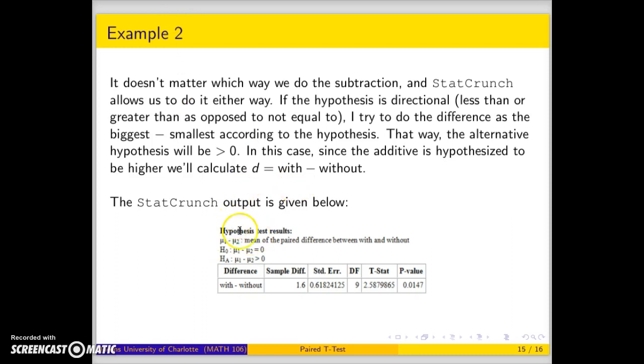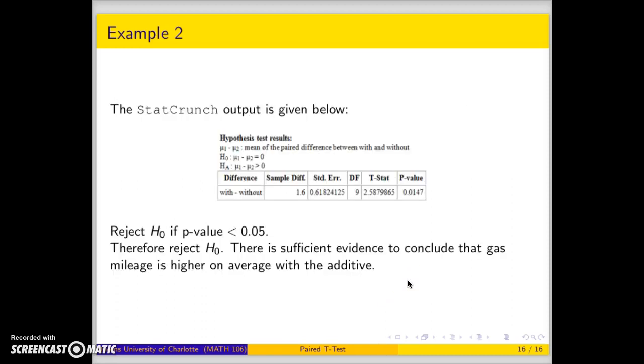And here's the output from StatCrunch. The sample difference is 1.6, which means on average, when the car had the additive, it gets 1.6 more miles per gallon than without. And here's our test statistic and our p-value.